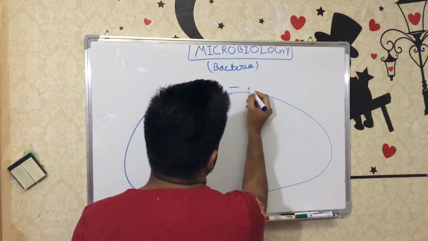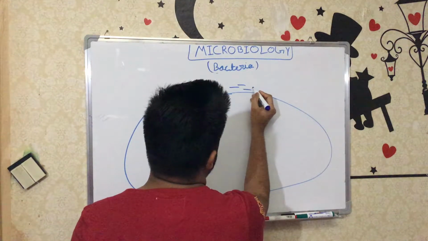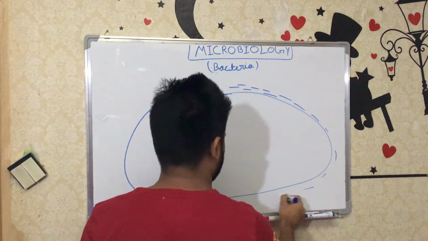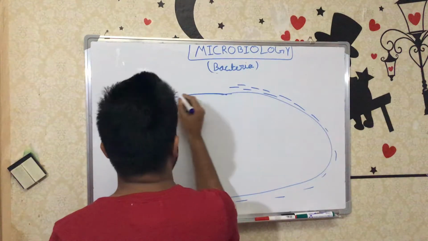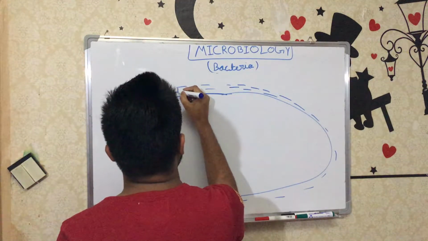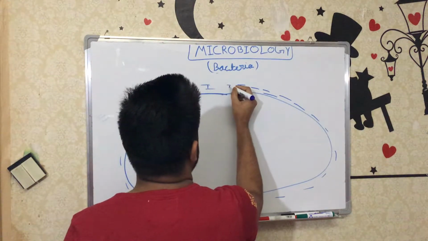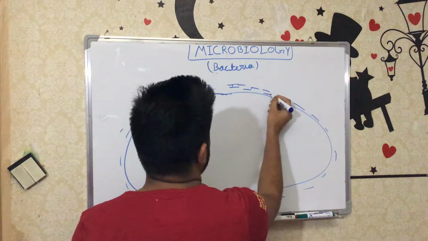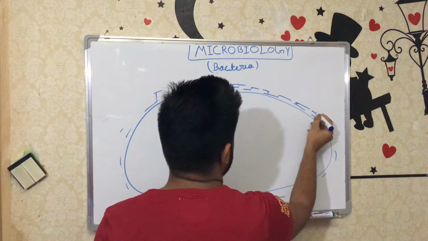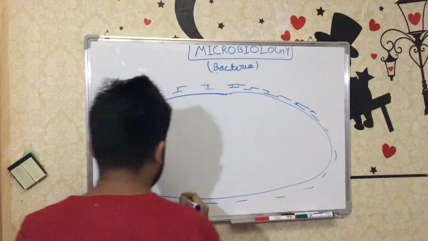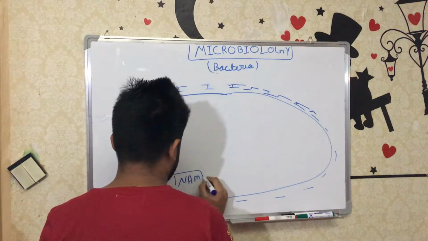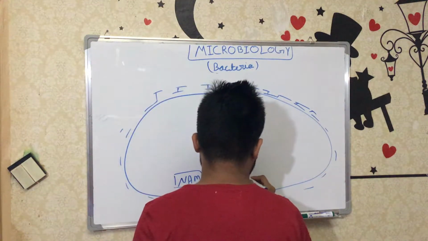A baby bacteria has a very thin layer of peptidoglycan, or we can say one layer. As you can see, it's attached. This is the peptide link which attaches. So here is the NAM and here is the NAG.